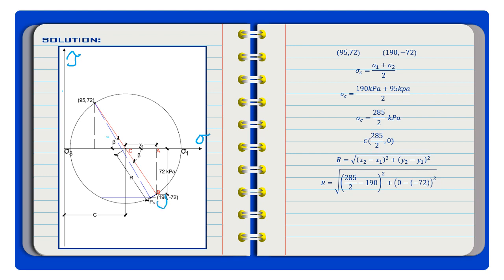Then, squared natin yon plus 0, yung ordinate ng center ng circle, and yung partner na ordinate ng 190 na abscissa is negative 72. Calculating that, the square root of the sum of those squares, R is equal to 86.2569 kilopascal. Therefore, we have a radius na ito yung value.